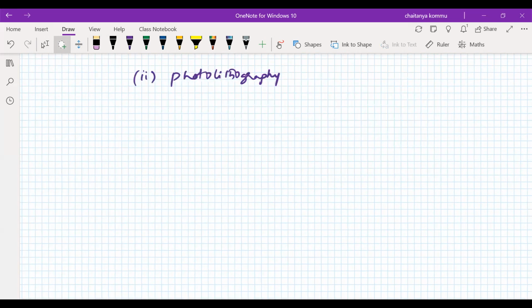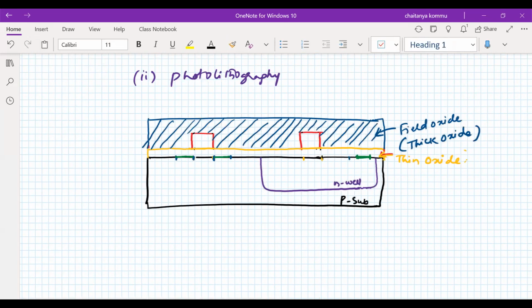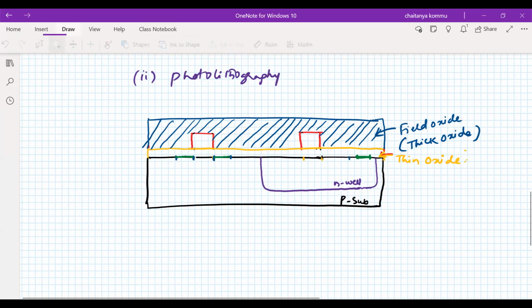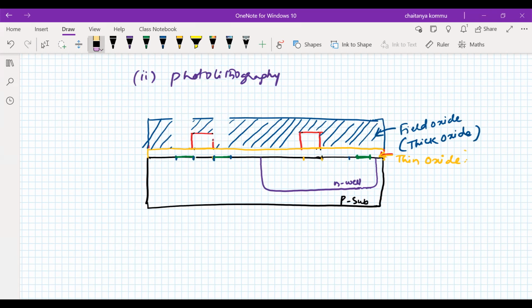I will directly remove the unwanted portions of the silicon dioxide. Please remember that point. These portions are not required. Only this portion, the oxide, is not required.